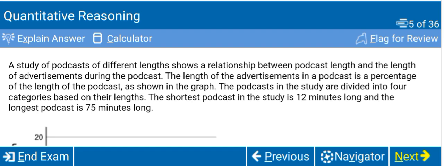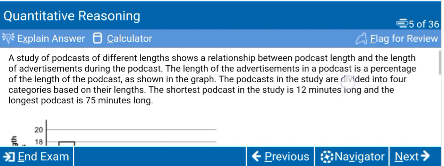The podcasts in the study are divided into 4 categories based on their lengths. The shortest podcast in the study is 12 minutes long and the longest is 75 minutes long.